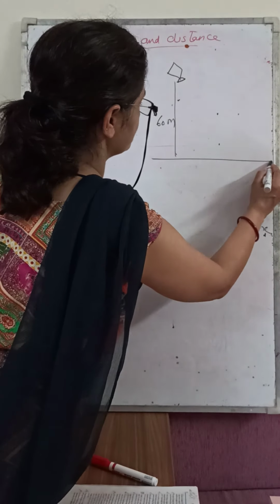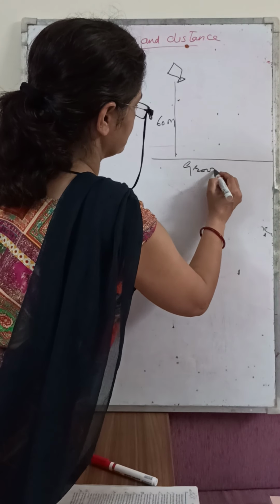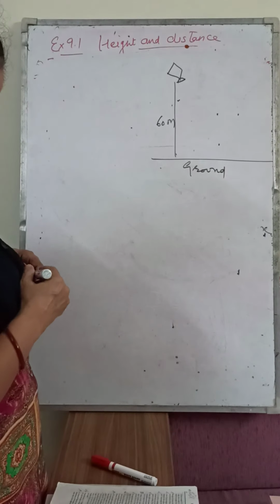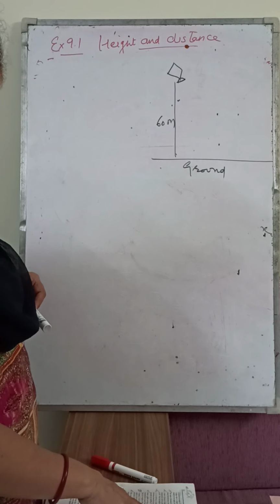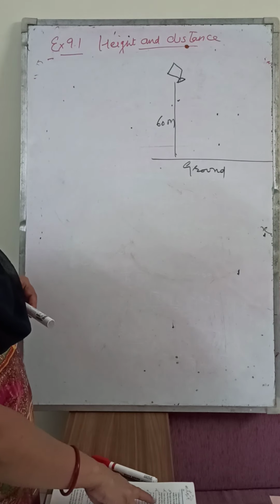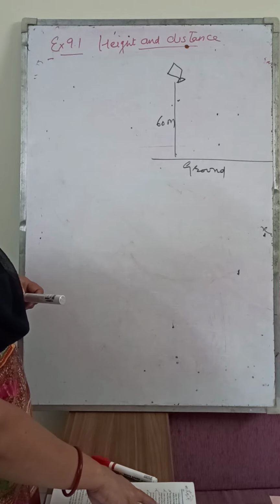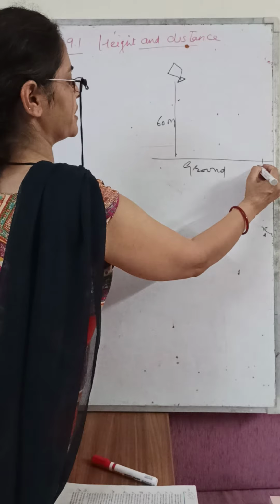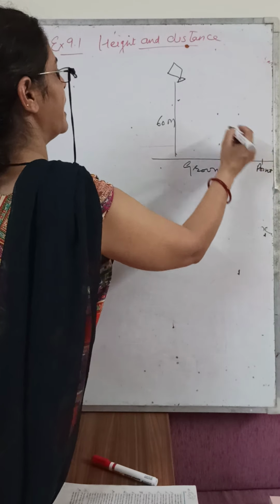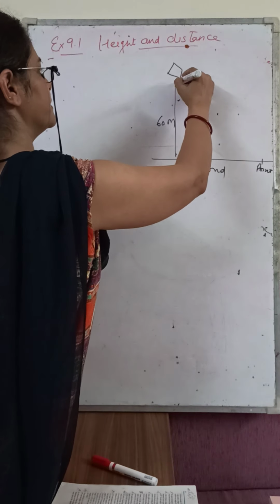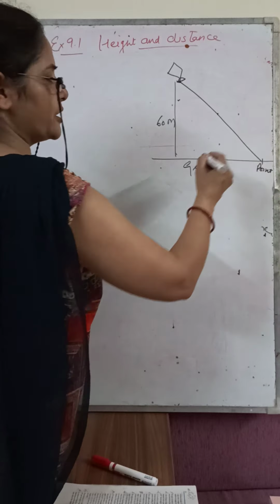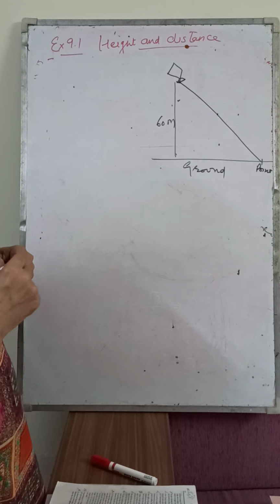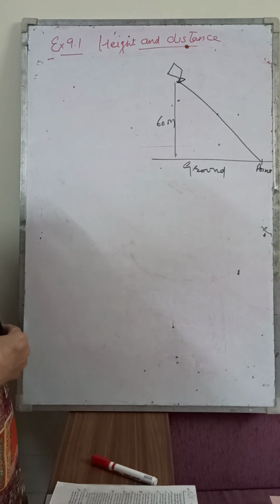This is the ground. The string attached to the kite is temporarily tied to a point on the ground. We have a point on the ground, and the string of this kite is tied to the ground. Clear?